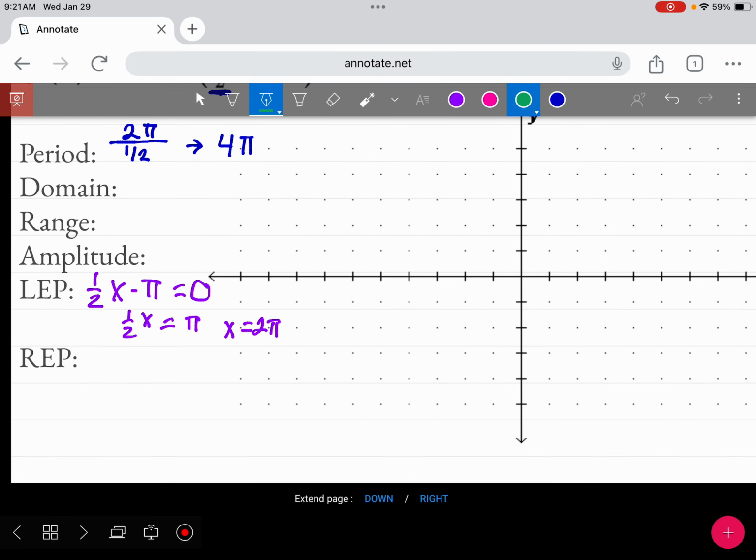We do a very similar thing for our right endpoint. So we're going to figure out when our 1/2 x minus pi would reach that normal endpoint where we normally get all the way around the circle, which is 2 pi.